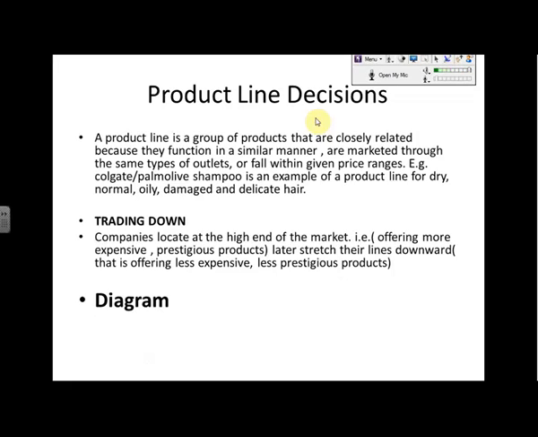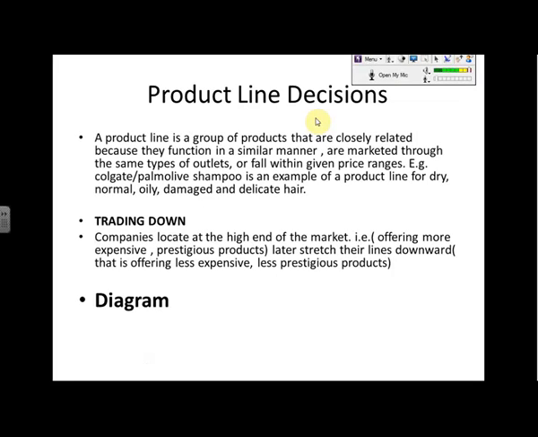Trading down. When we look at trading down, we are saying that companies locate at the high end of the market, offering more expensive, prestigious products. Later they stretch their lines downward. That is offering less expensive, less prestigious products. What we are saying here, a company might start producing products that are very expensive.